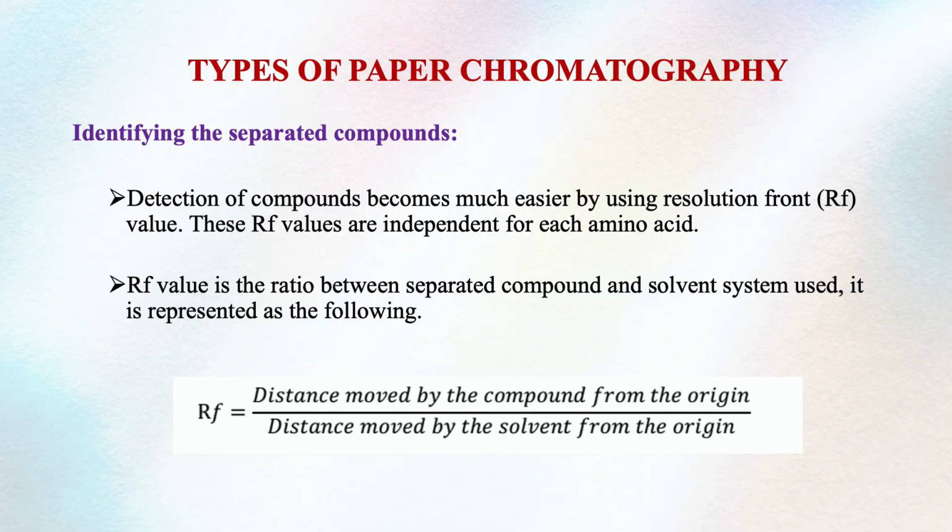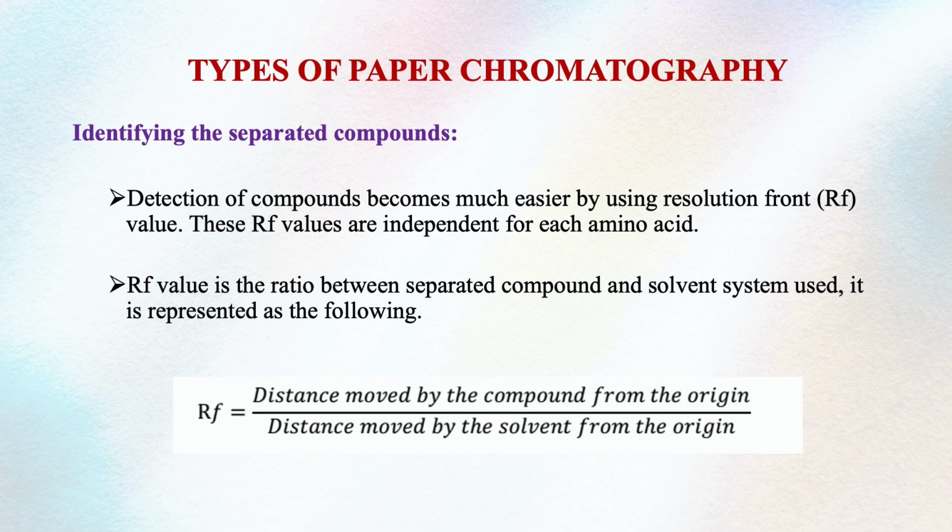Once the chromatogram is ready, we are going to identify the spots. There is a small formula which we need to apply to obtain the specific component, because once the color is developed, you don't know which color represents which molecule. To overcome that, we use the RF value.